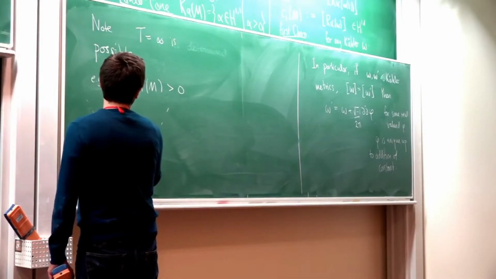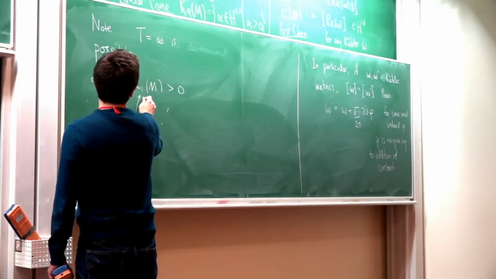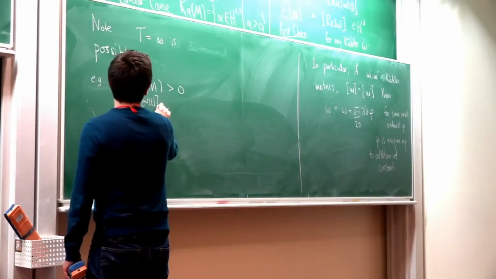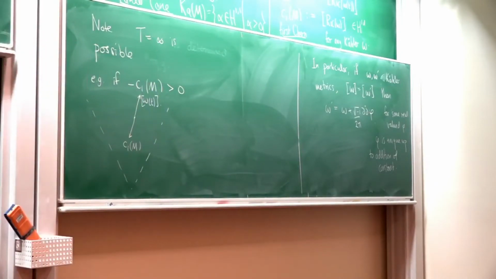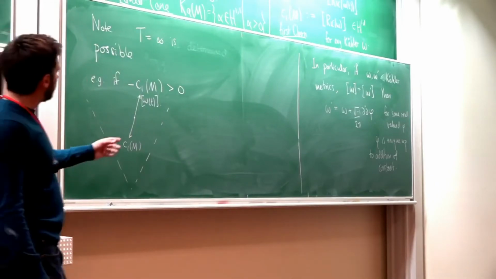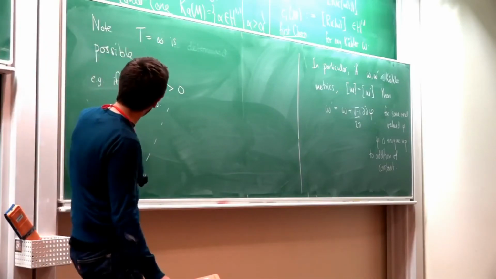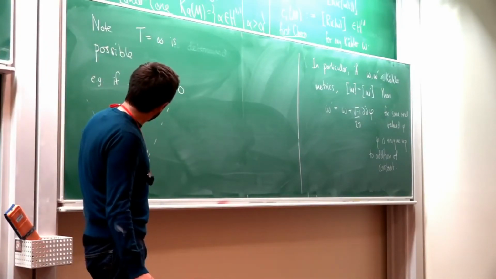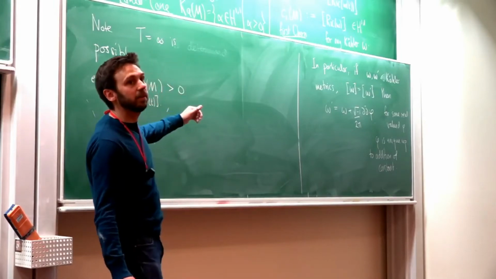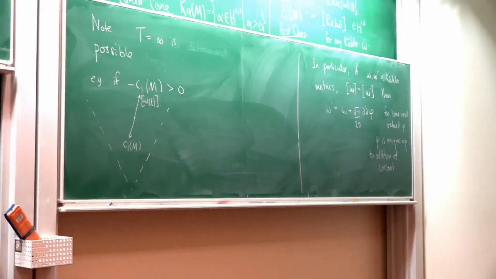So it's a C1 of M, and then you see that omega t is never going to leave the Kähler cone. Of course, you could also take C1 of M as 0, and then it's also trivially true that capital T would be infinity. The most general result would be if you take minus C1 of M on the boundary of the Kähler cone, and that's also called nef classes. Then that would also give you existence for all time.